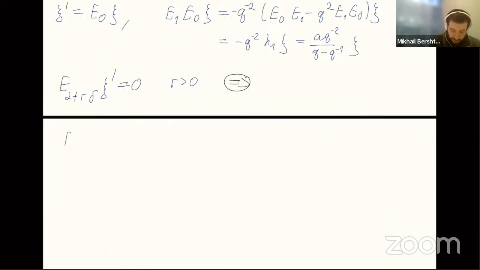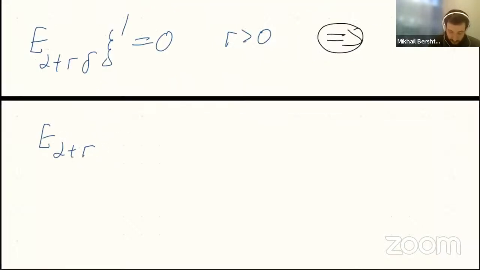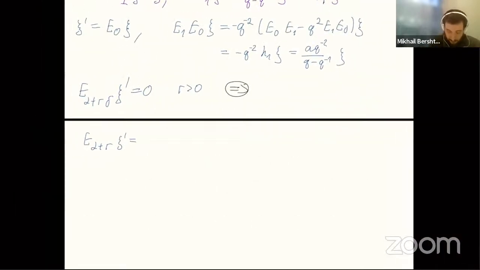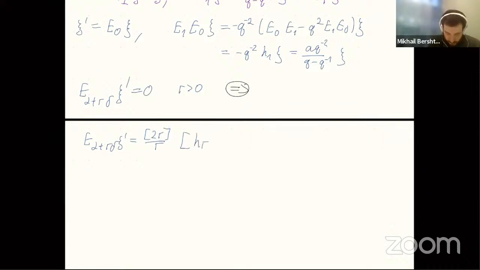So we have that E alpha plus R delta on psi prime is equal to something like R over R and the commutator of the HR. Yes, I think I'm right, correct. Of the E alpha, psi prime. So this is some number. And now we get two terms.